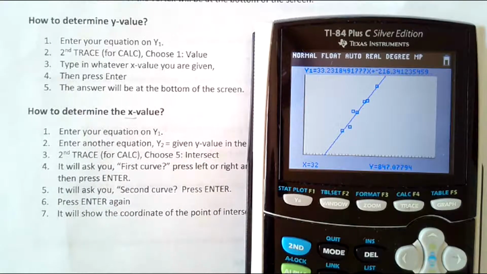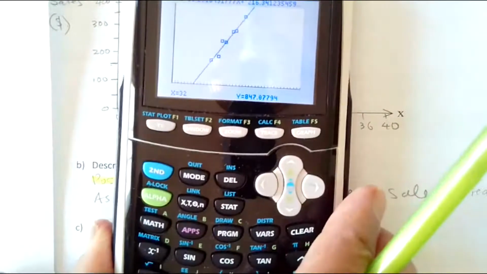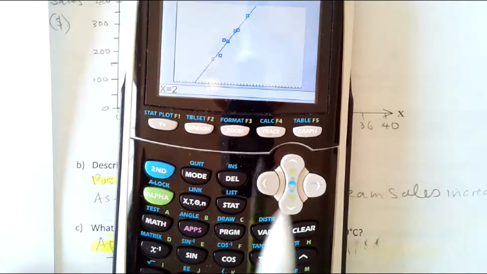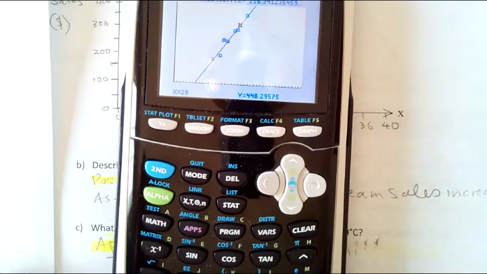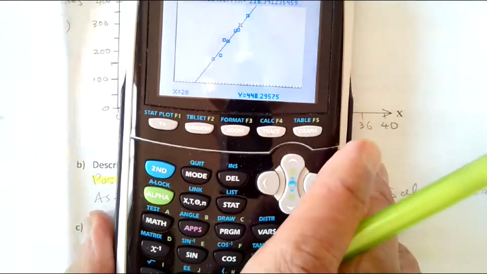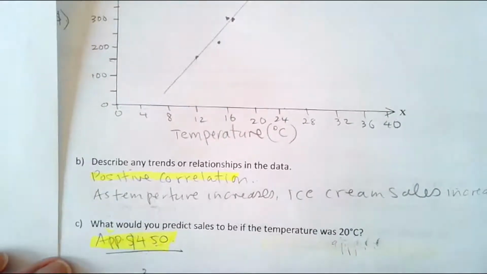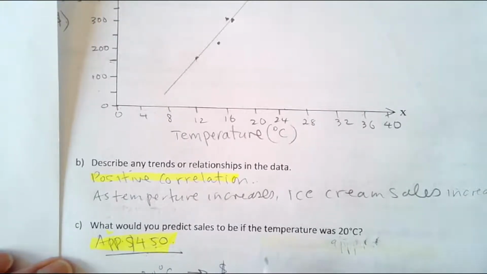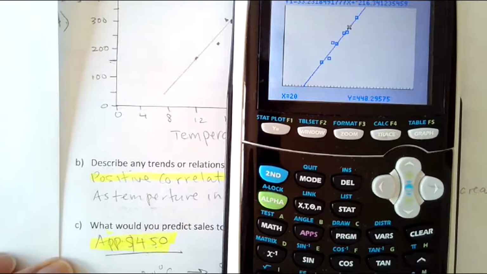Now, let's say, for example, according to our calculator, when the temperature is 20 degrees, the sales was 448.29. So let's write that down. When the temperature is 20 degrees Celsius, the sales is $448.29.